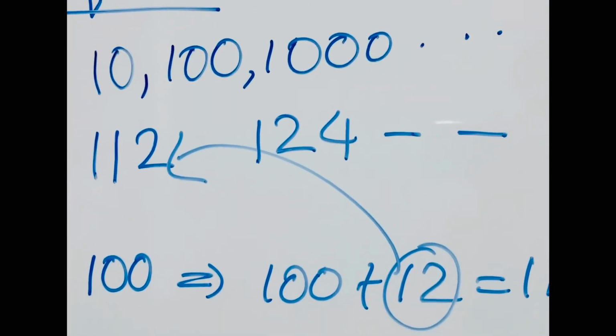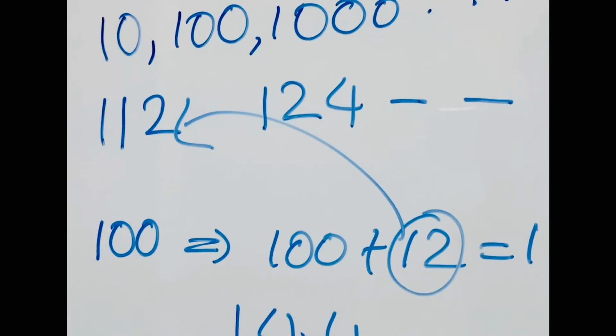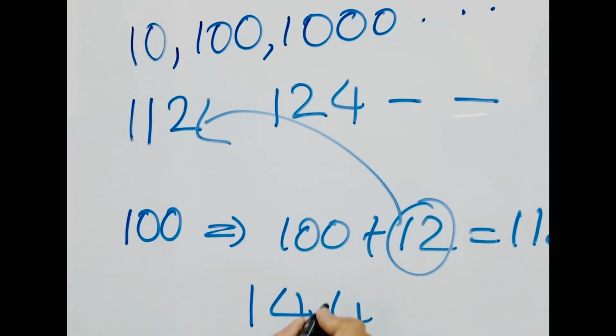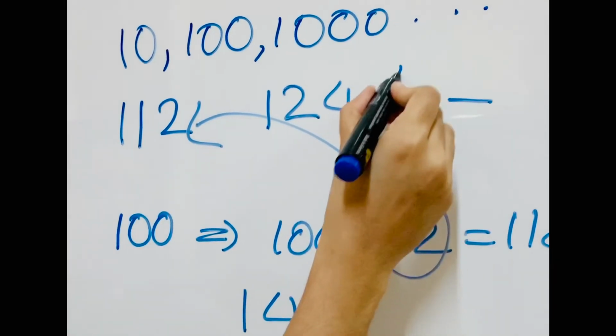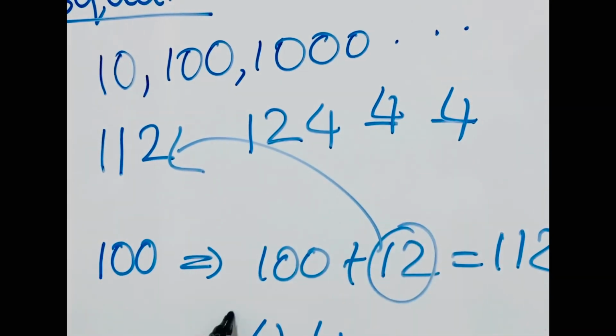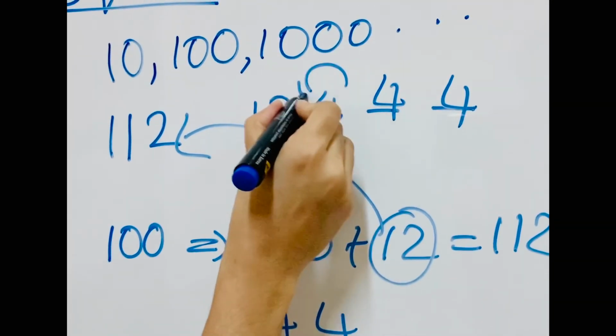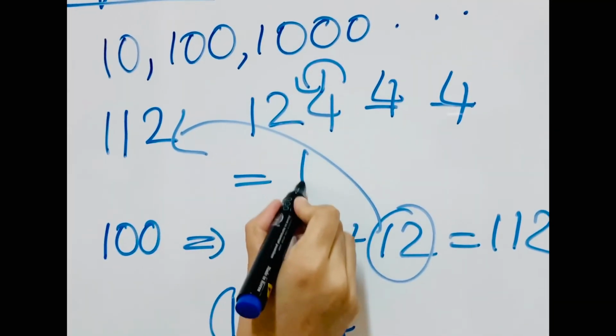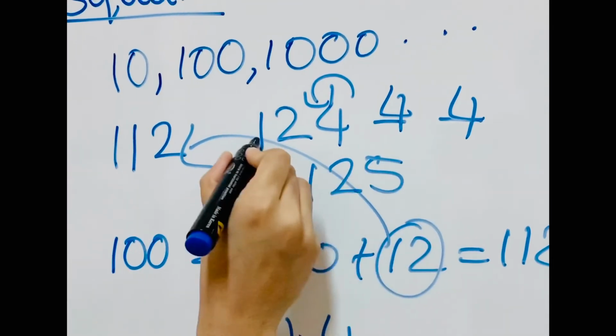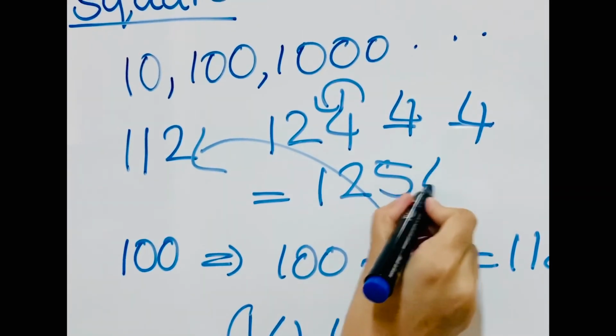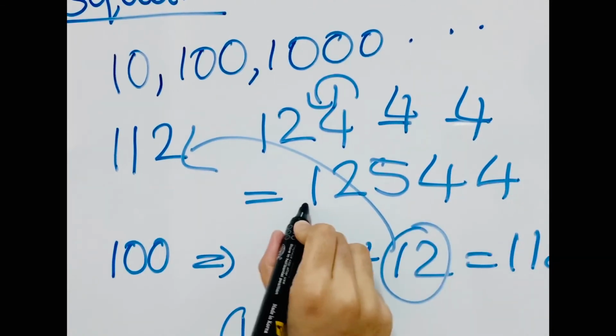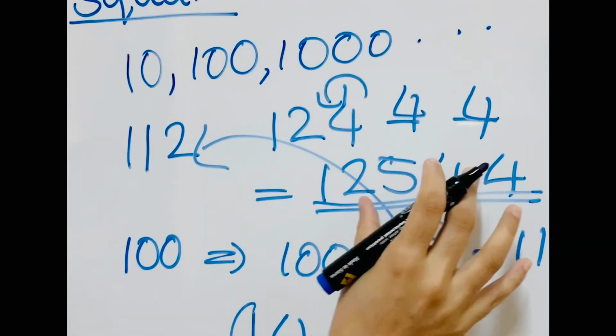It is 144. But we need only two numbers, so the last numbers 44 we can write here, and this 1 we can add here. So this 124 becomes 125. 12,544 will be the square of 112.